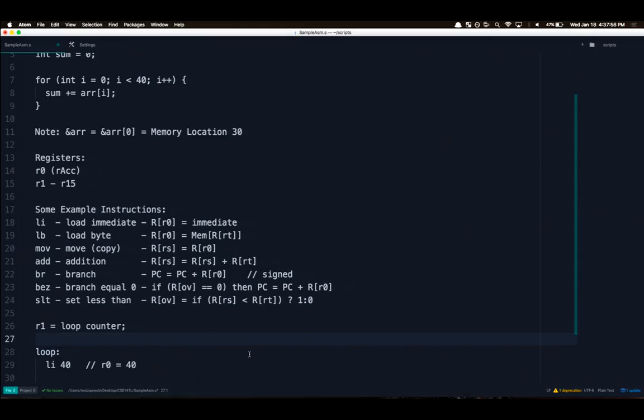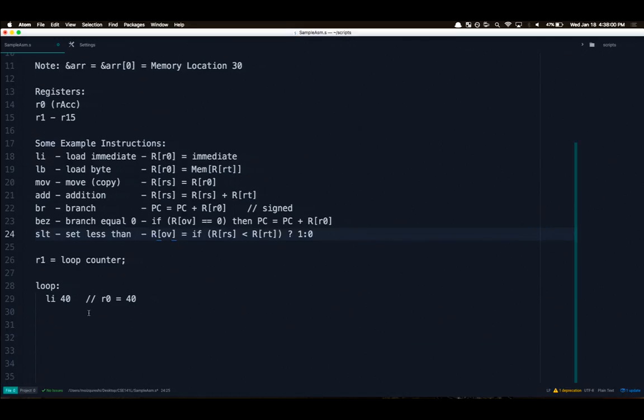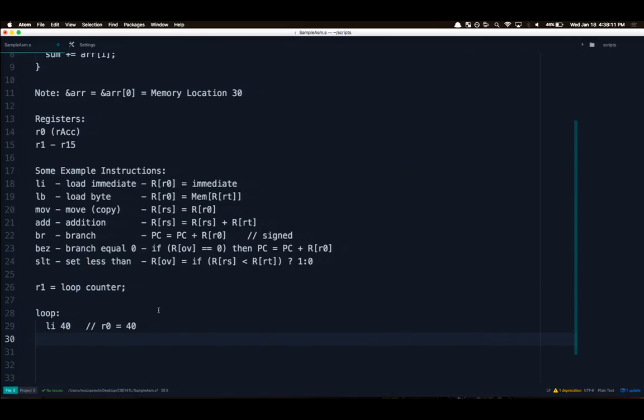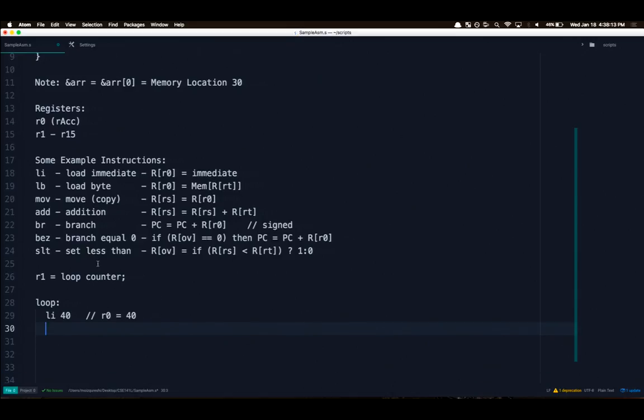So I'm assuming that R1 has my loop counter, and I'm loading 40 into R0. So I want to check to see if my loop counter is less than 40. So I'm going to do set less than. So I have this right here, if RS is less than RT.